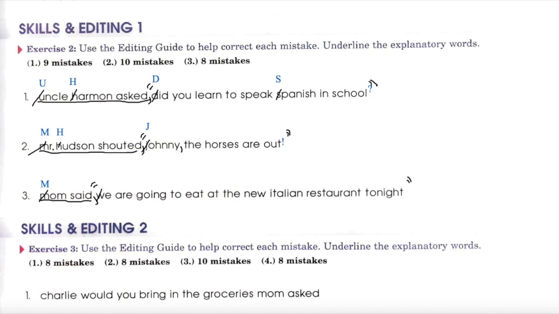Capitalize the first word of the quote. Put in your ending punctuation. You can put a period there because this is just a regular declarative sentence. All right, let's look for any other errors. Italian needs to be capitalized because it's a proper noun.